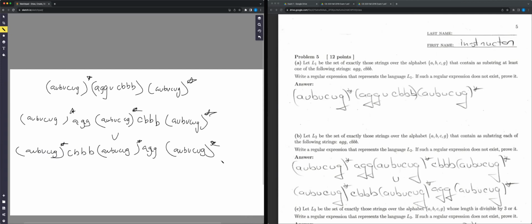I have a question. Yeah. Why do we keep doing this thing of anything can come before it, after it, and in between it, if it's not stated in the problem? Yeah. Because your regular expression needs to be able to produce every possible string that follows the pattern. So I need to figure out a way to write every combination of strings that work.